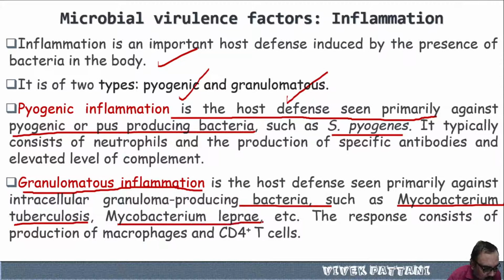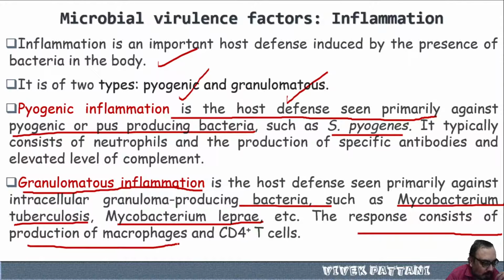Another one is Mycobacterium leprae, which similarly has the capability to produce granulomatous inflammation, and the response consists of the production of macrophages and CD4 plus T cells.